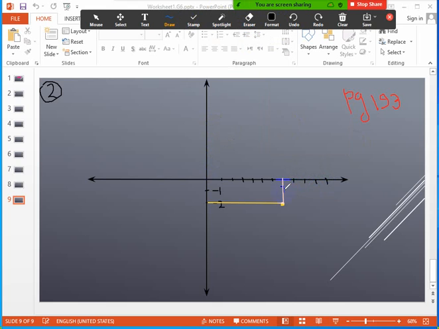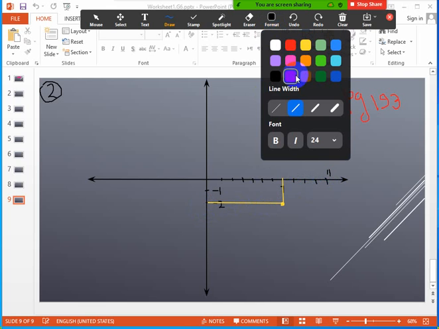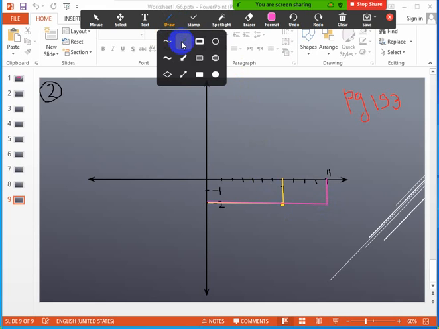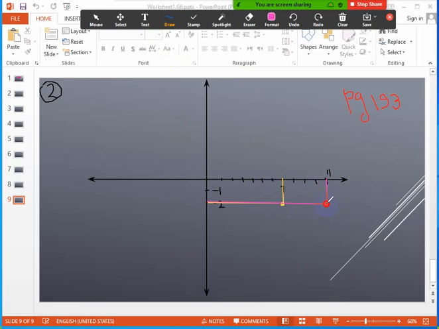The y is also negative 2. That means I have to take a line from the 11 and a line from the negative 2. They will intersect on this point also. This is the second point. I want to find the distance between those two points, the pink one and the yellow one.